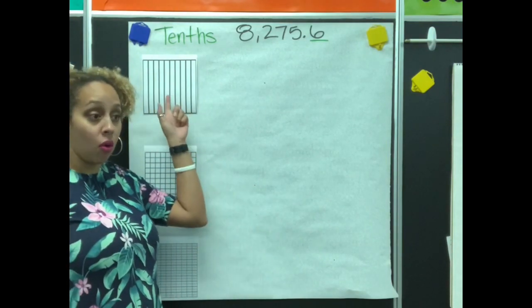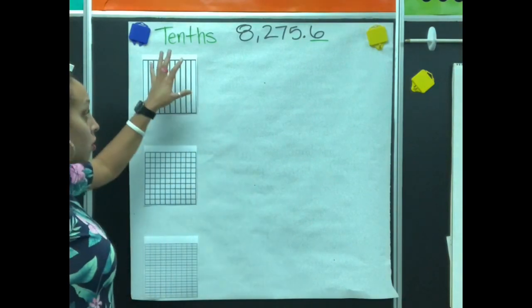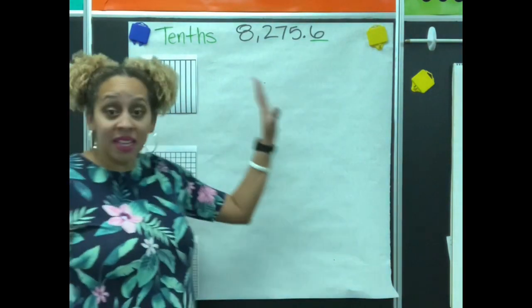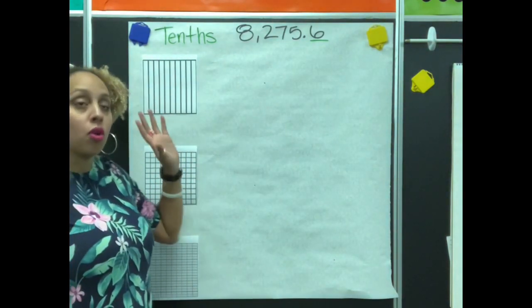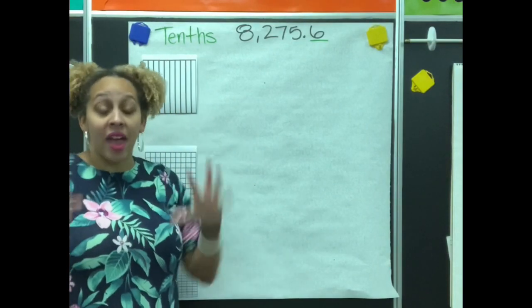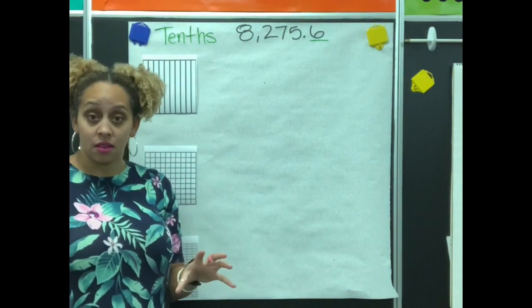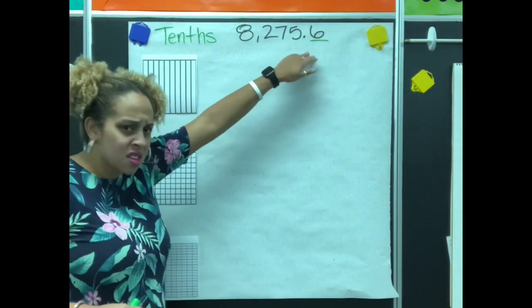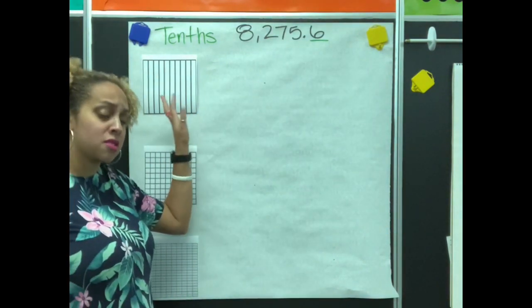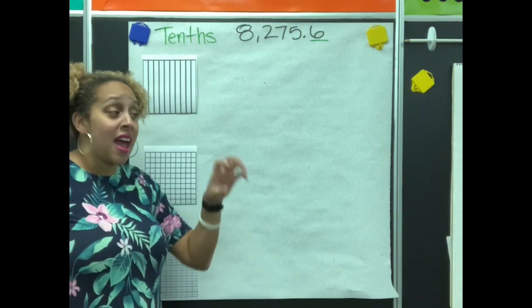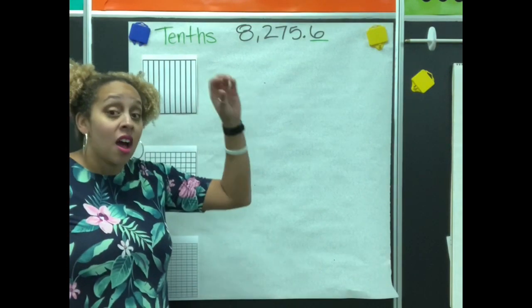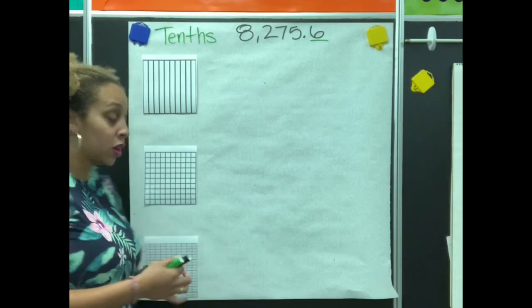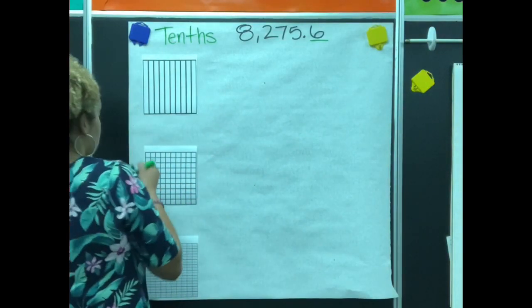We're taking a whole and splitting it up. So even though we don't use all of the 10 pieces of our whole, they're still there. Okay? That's why we say tenths. We don't say 6, because we're not going to split our whole into 6 pieces. We're going to split it into 10 pieces, and that's going to represent 6 of our 10 pieces. So we're going to color in 6 bars.